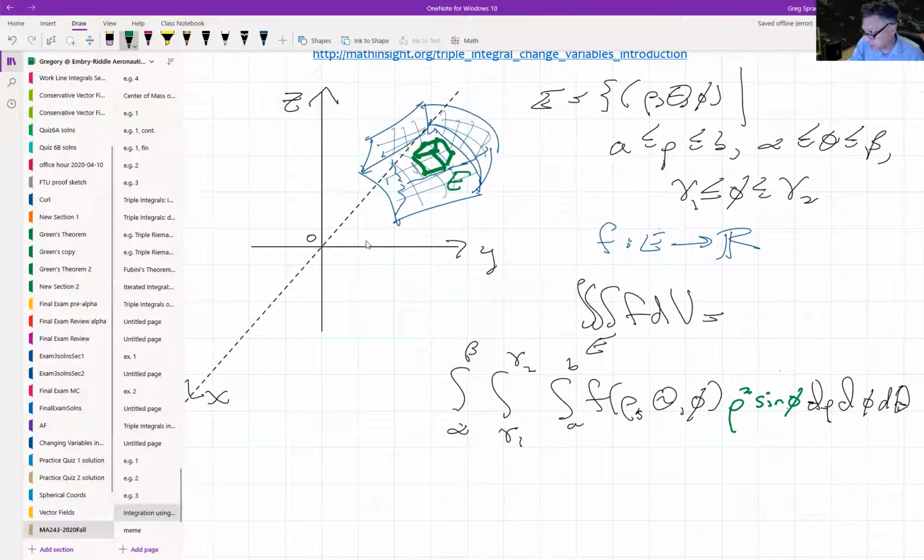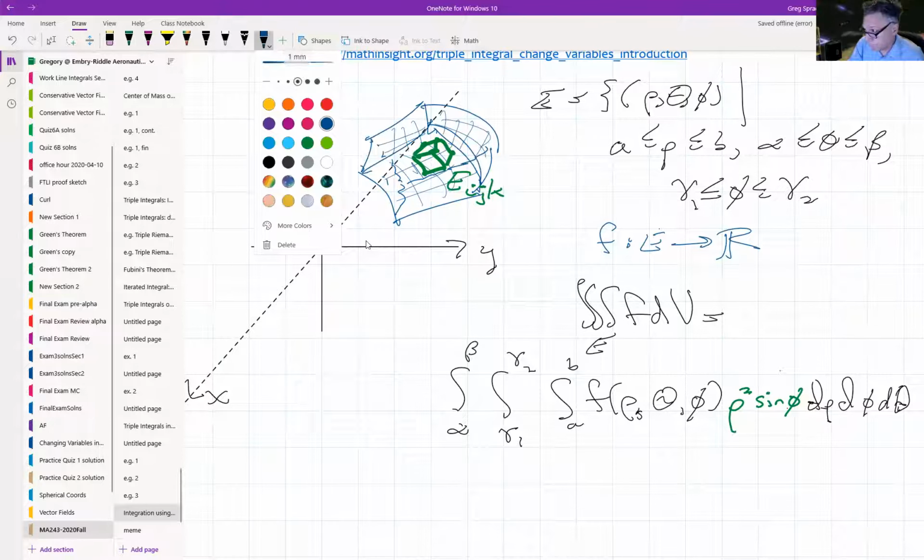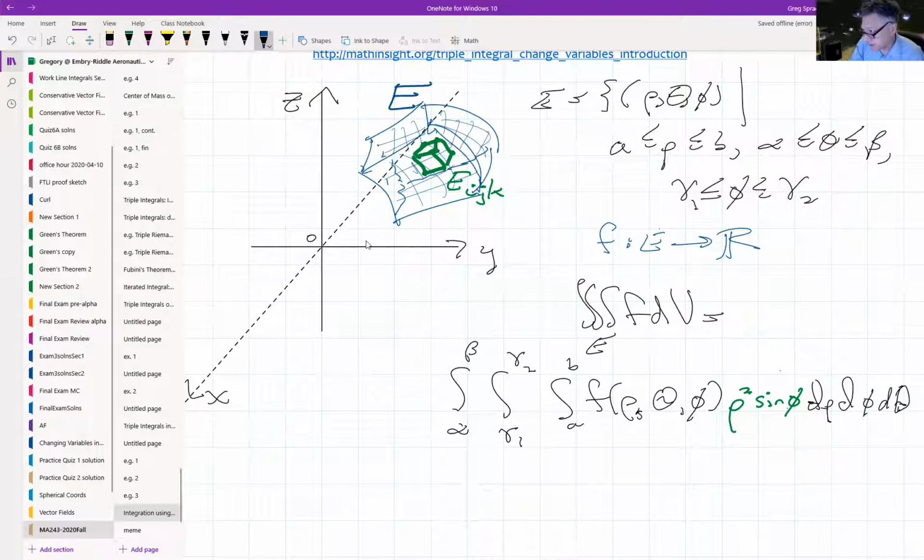This is in any calculus textbook, and also I'll show you an applet with some explanation too. Okay, so the big box is E, and in each little box we pick a sample point, and as usual we'll call that rho IJK star, theta IJK star, phi IJK star.